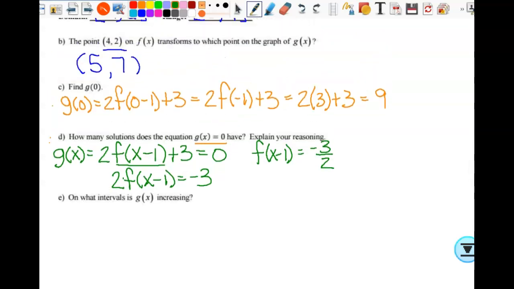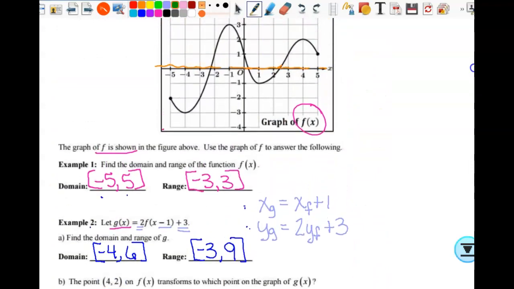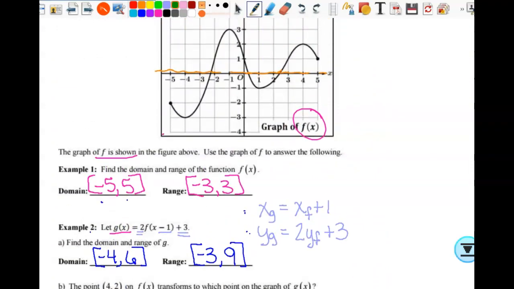So if I go up here, what's negative 3 halves as a decimal? 1.5. So negative 1.5 is right here. Okay, that's f of x. F of x minus 1 would just mean we just shifted over to actually be right there, right? But again, I don't care about the x value. I can't find that exactly right now anyway.